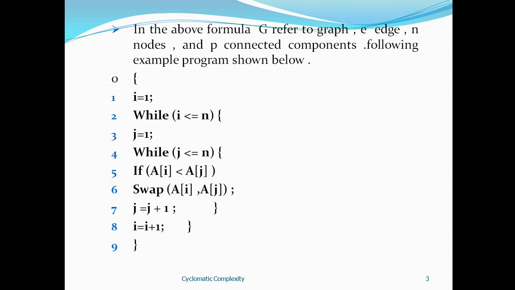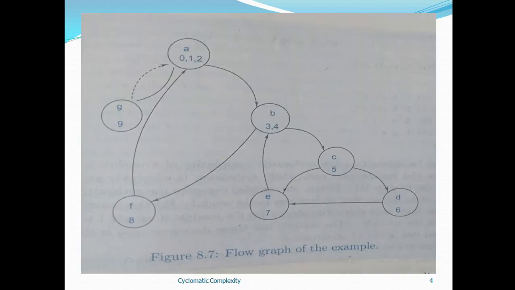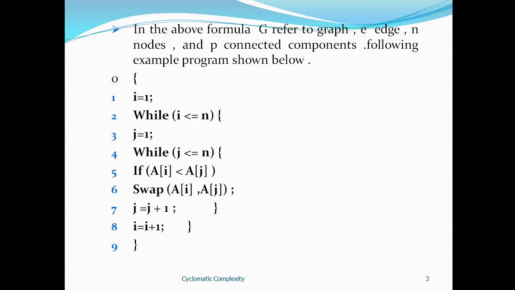So in line numbers 3 and 4 to 5, and similarly C to D. There is a link: if the condition is true, it will execute the next statement. The link is passed to the next statement.